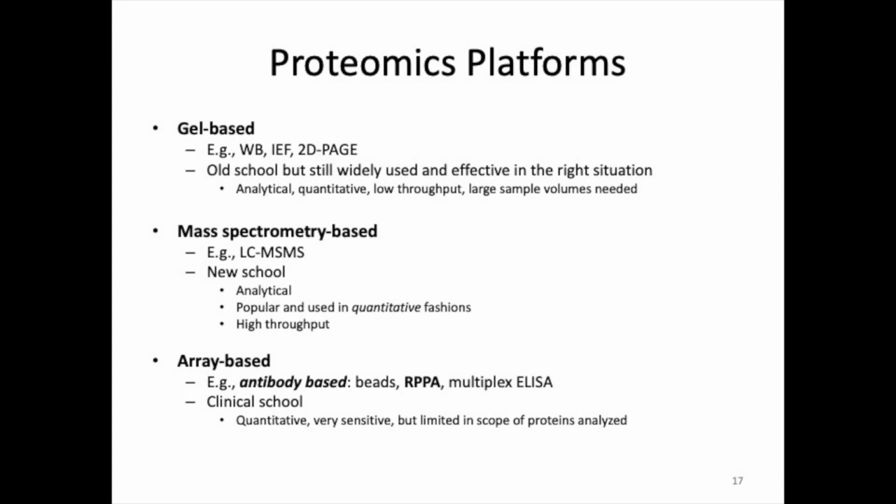That means if you do not have the antibody on the array for a specific protein, that protein will not be monitored. For example, RPPA, reverse phase protein lysate microarray, has been used to generate proteomics data for TCGA, the Cancer Genome Atlas, for tissue samples of multiple cancer types.